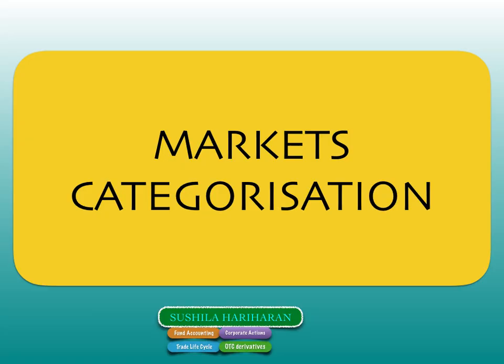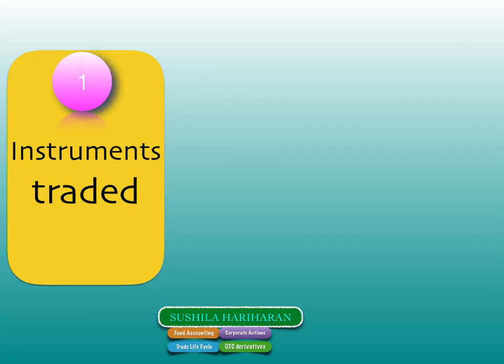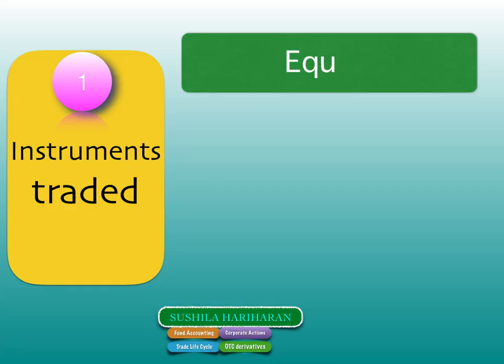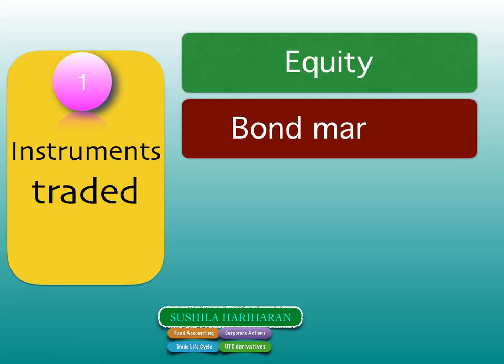So let's take a look at how markets are categorized. On the basis of instruments that are traded, okay, that's on the basis of the financial assets that are traded. We have equity markets. In India, the largest equity markets are the National Stock Exchange NSE and the Bombay Stock Exchange BSE. We then have bond markets.